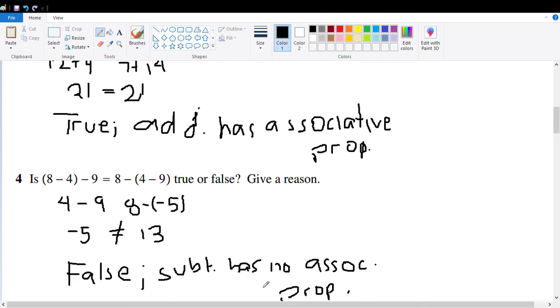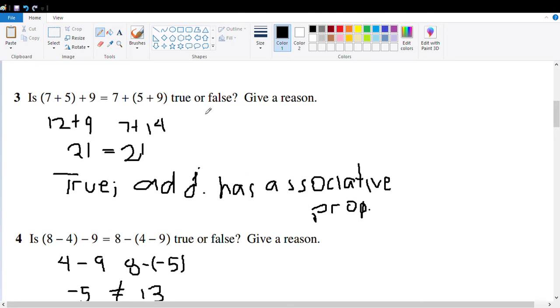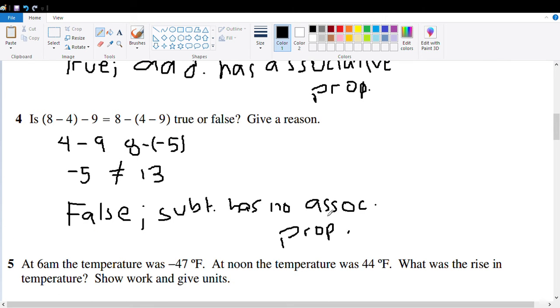There you go. So in some problems you might get commutative property instead of associative property. If you guys don't know what associative property and commutative property are, go check your notes for that. It's supposed to be in topic 1.